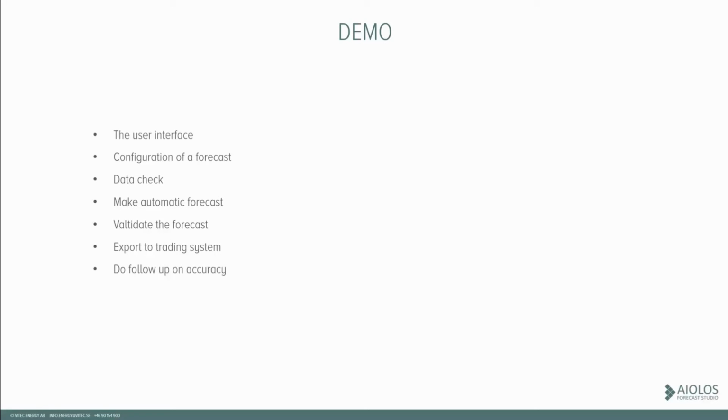We will make the automatic forecast, and we will then try to validate it with some different tools that I will show you. And in the end, when we are happy with the forecast, we will export it to the trading system. And after that, of course, we will do a follow-up on what the accuracy looks like. And let me remind you that this is demo data we are looking at.